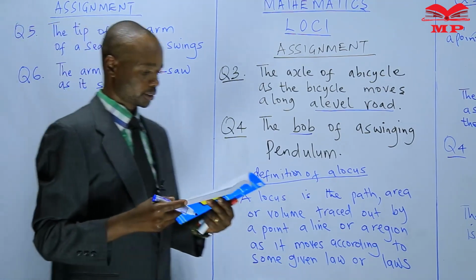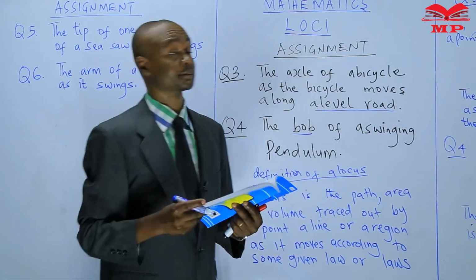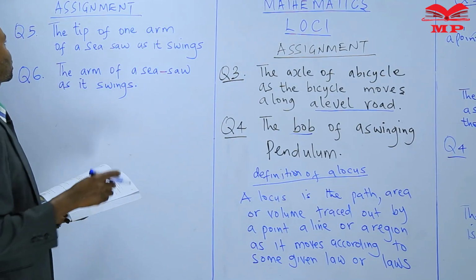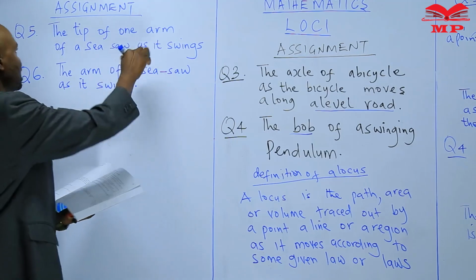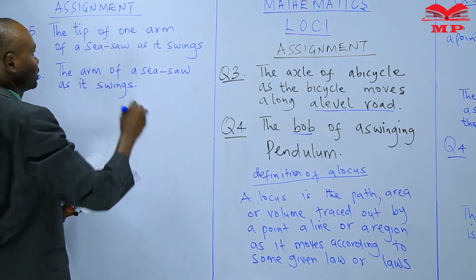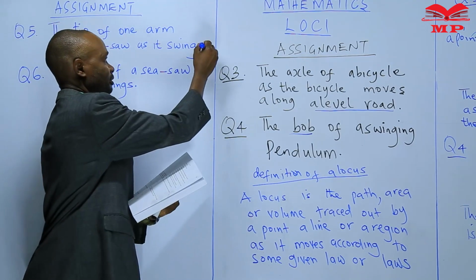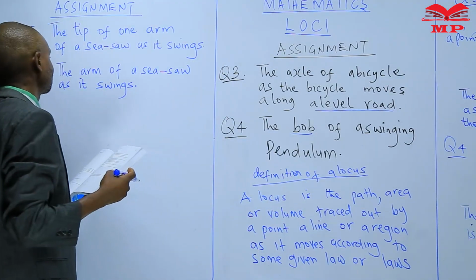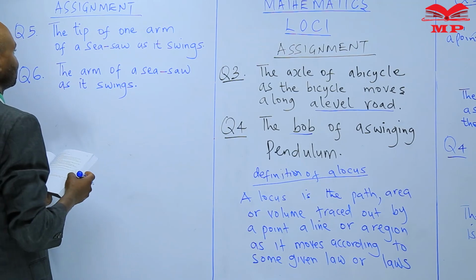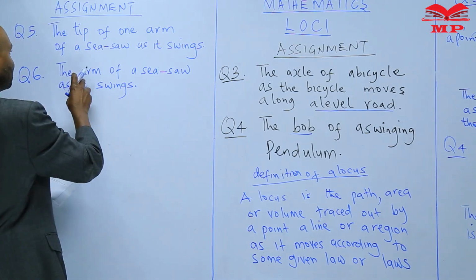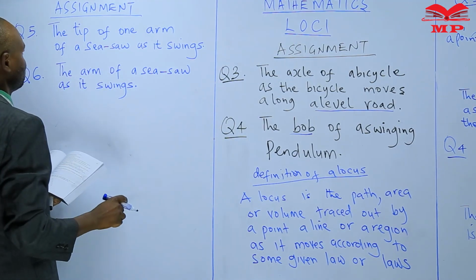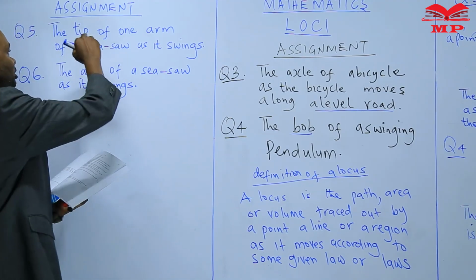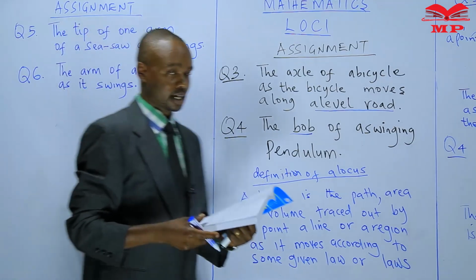The first question: sketch and draw the locus of the tip of one arm of a seesaw as it swings. The second question: sketch, draw, and define the locus of the arm of a seesaw as it swings.